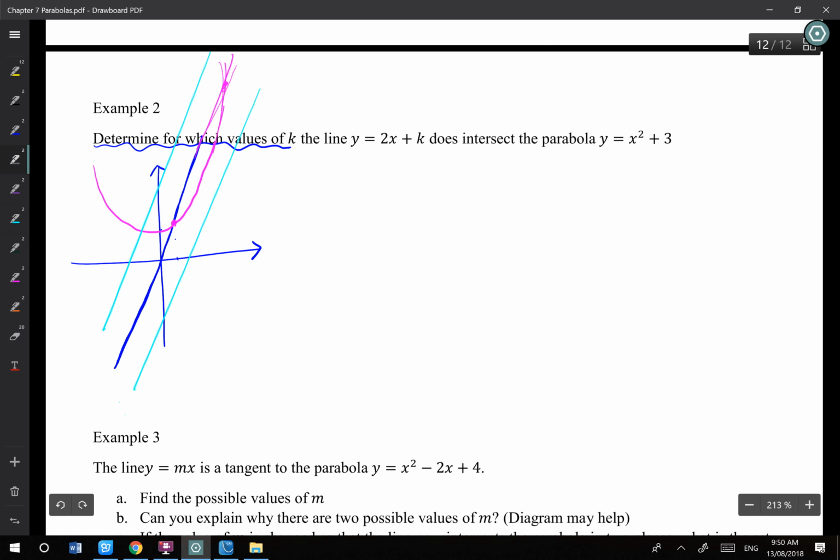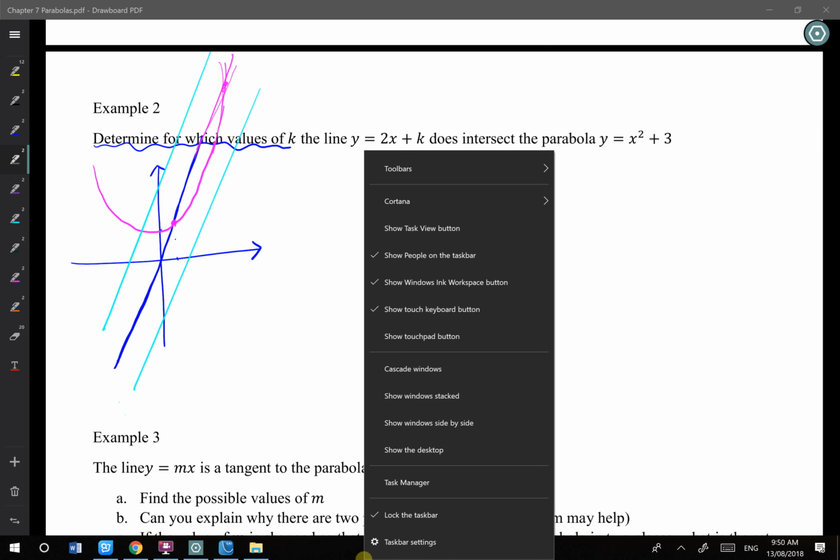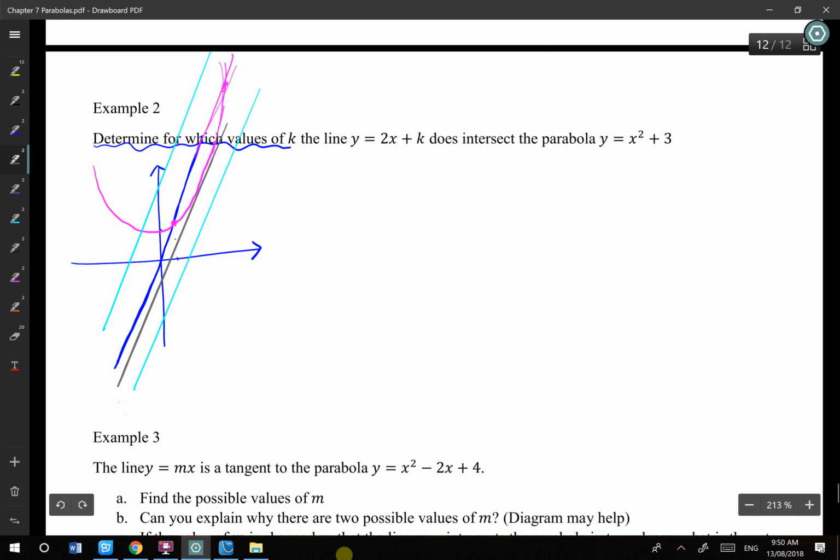The first point, if I keep moving up, where this linear will touch the parabola, will be this tangent here. That's where they start to intersect. And if you keep moving up, they always have intersections, because the parabola keeps going up.